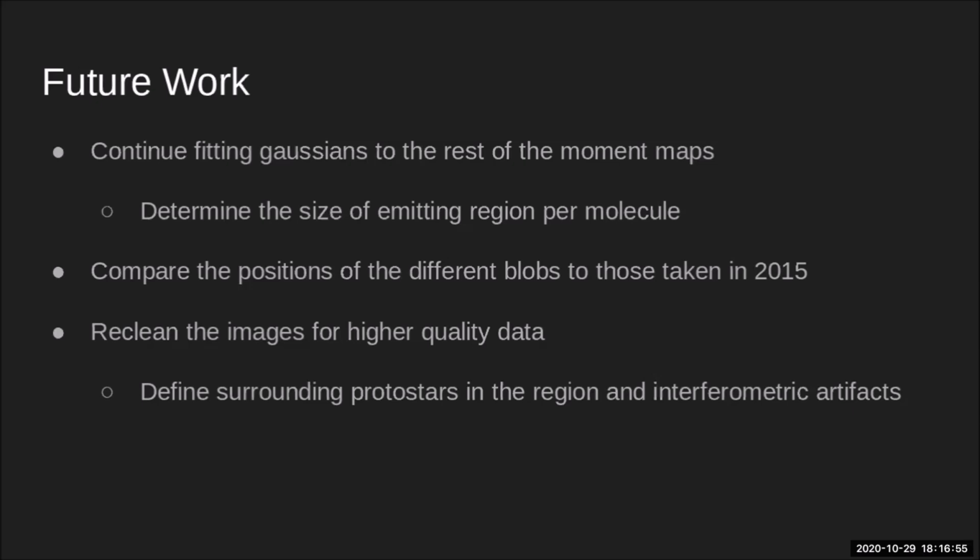We will use this information to compare to the data taken by Adele et al. in 2015. And as I said, we will reclean these images because it will help with that possible background protostar as well as any other uncertainties.